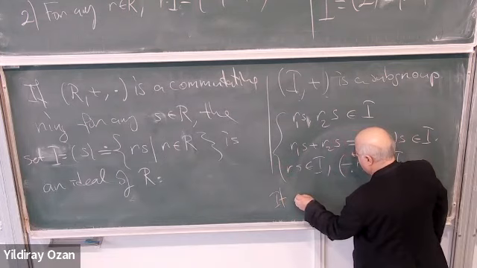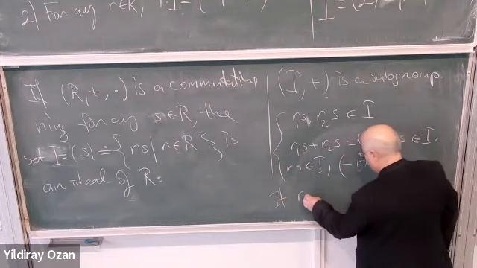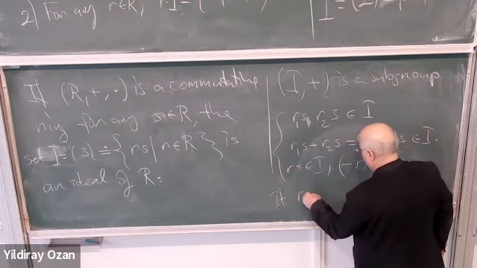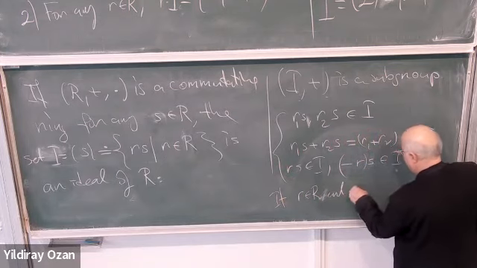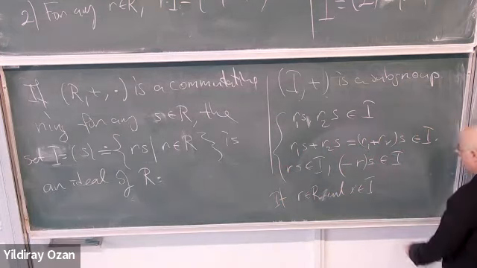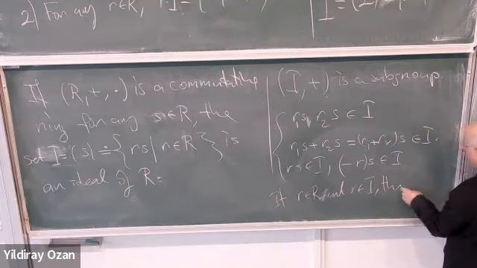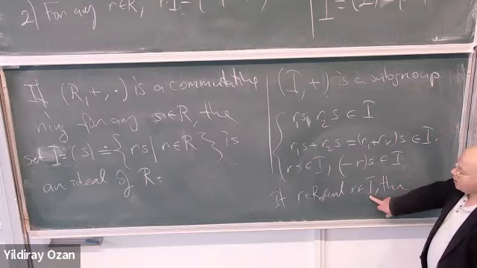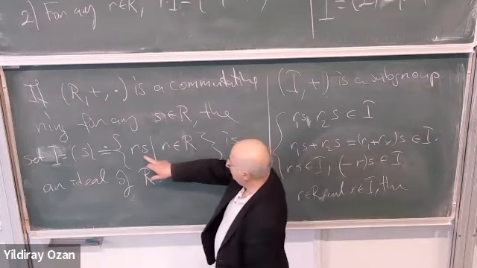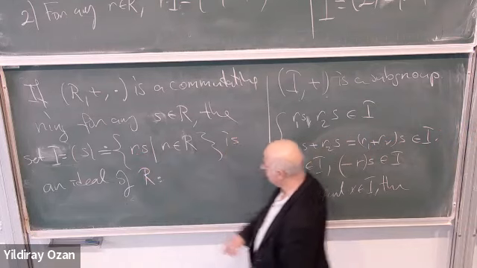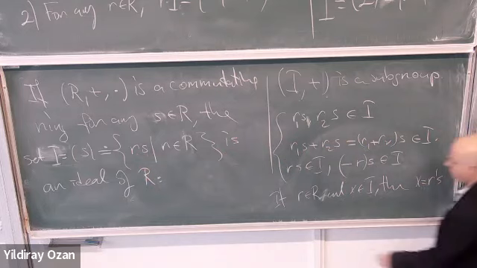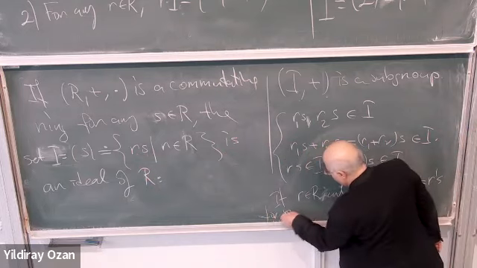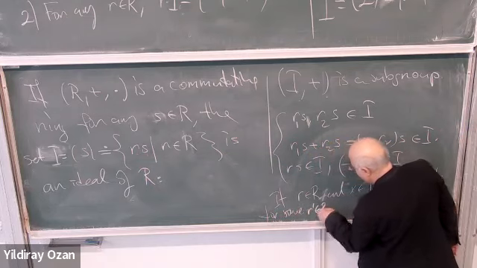Let's say r is in R and x is in I. Then x is in I means it is actually some ring element times s. Then this x is just, let's say, r' times s, for some r'.